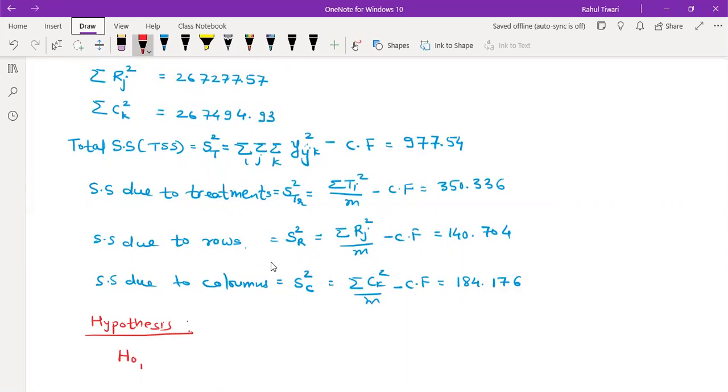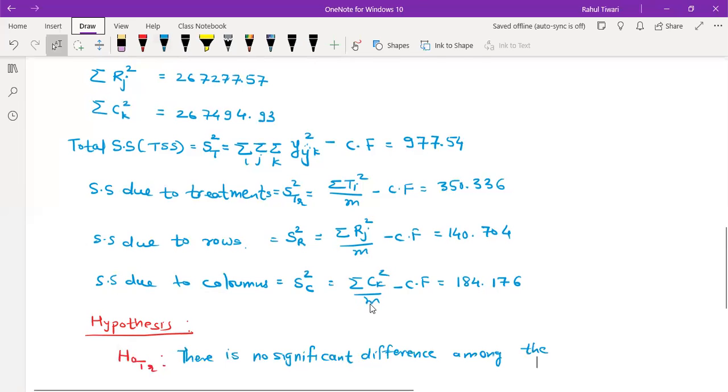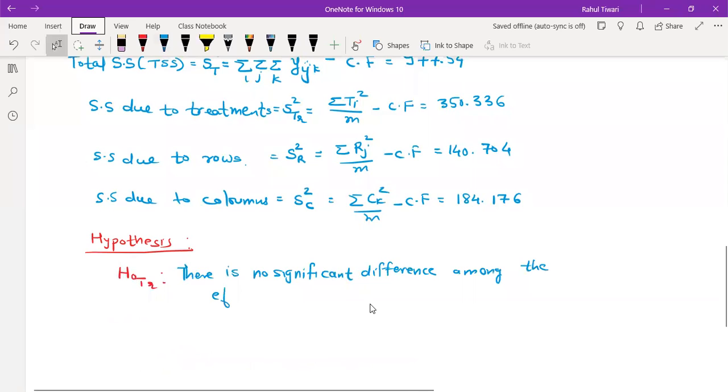So H naught for treatment will be: there is no significant difference among the effects of different treatments.